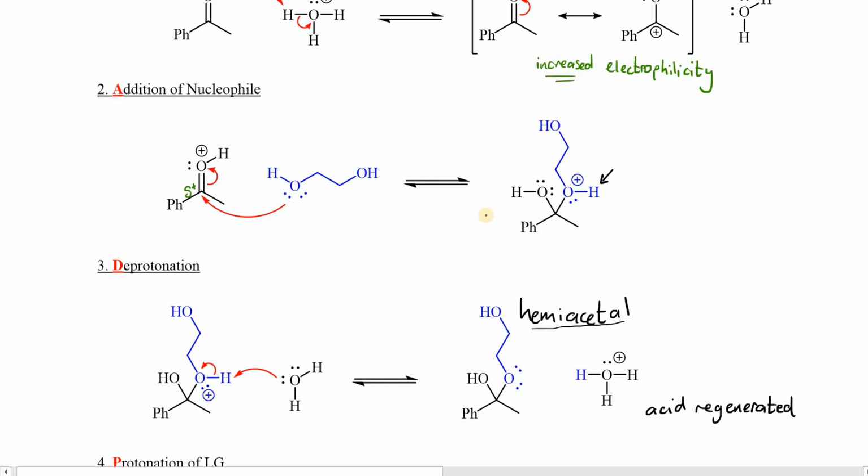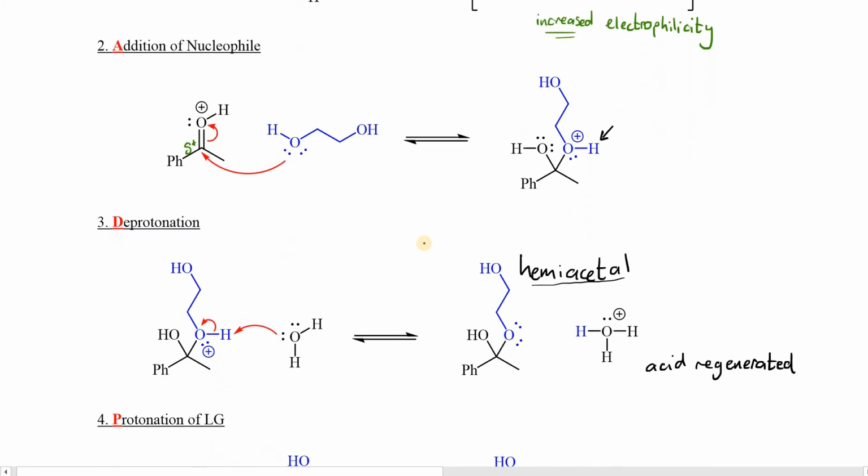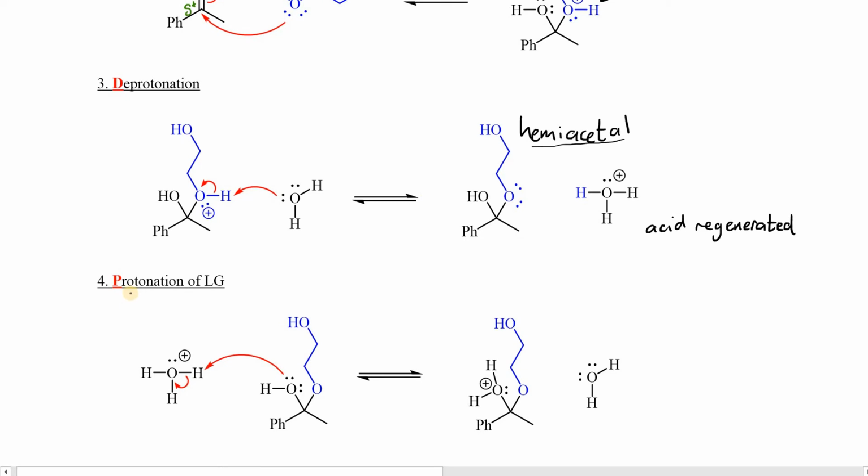Now let's move on to the next phase. If we want to form the full acetal, we need to carry out PED. Protonation, elimination, addition, deprotonation. Let's make sense of this. Now we know we need to start with protonation of Lg, our leaving group. Now why is that? Well, this oxygen here can also take on the proton. That is why this entire mechanism is reversible.